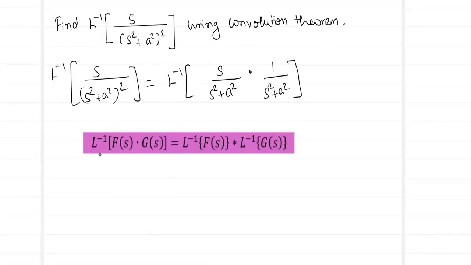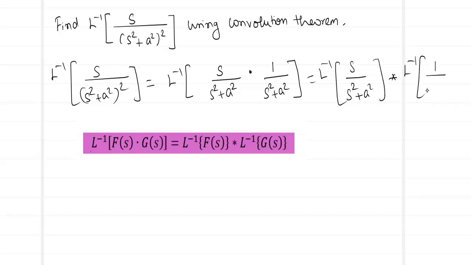We know that Laplace inverse of F of s product G of s can be written as Laplace inverse of F of s convolution Laplace inverse of G of s. So the product gets split into two quantities with convolution in between: Laplace inverse of s by (s square plus a square) convolution Laplace inverse of 1 by (s square plus a square).